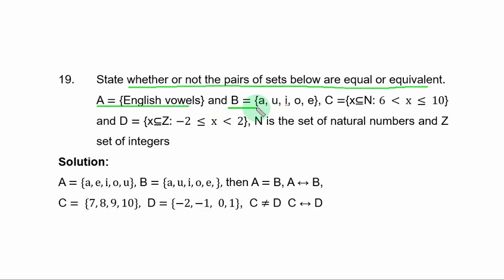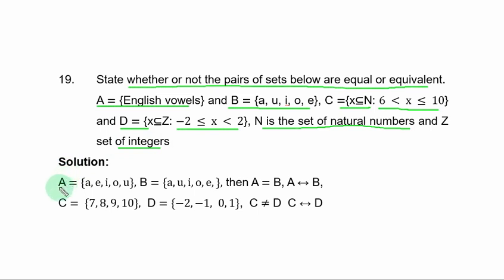Set B equal to the elements A, U, I, O, E. Set C equal to S is a subset of N such that 6 is less than S, less than or equal to 10, and D equal to S, subset of Z such that -2 is less than or equal to S, less than 2. N is the set of natural numbers and Z is the set of integers.